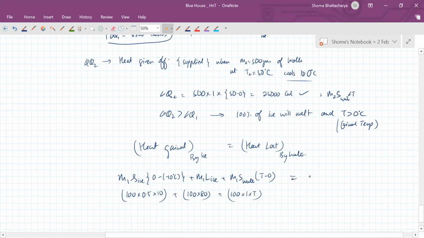This should be equal to, on the other side, 500 grams of water into 50 minus T. So this one's temperature is not dropping to 0, it's dropping to some T which is greater than 0 now.